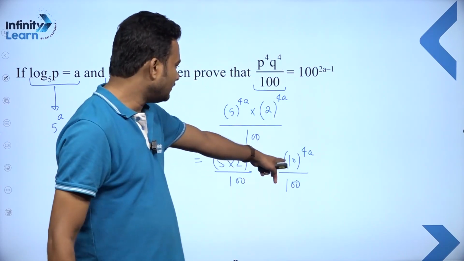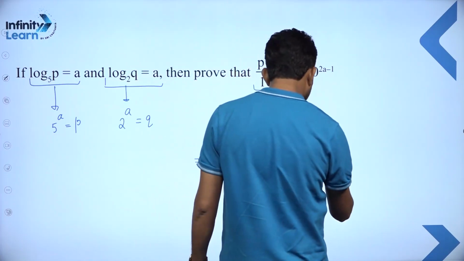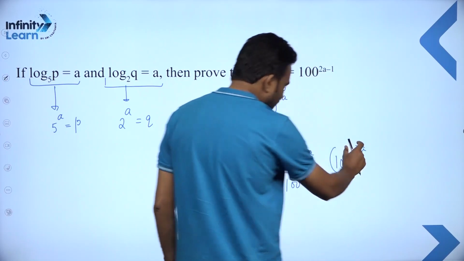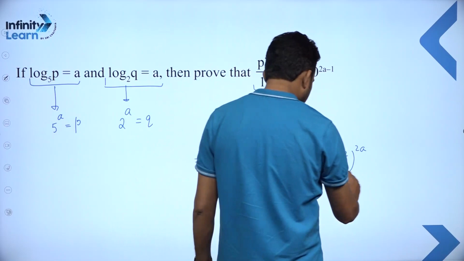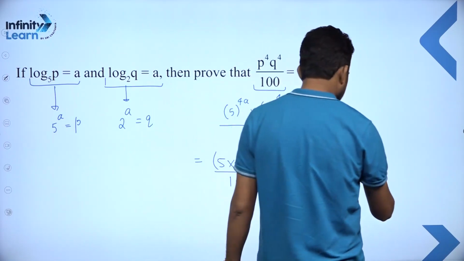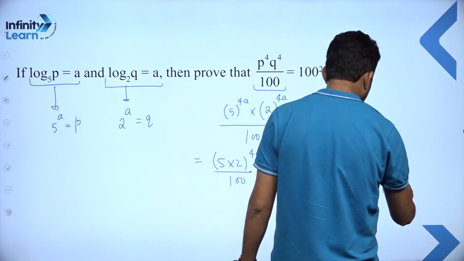I will write it in the form of 100. Can I write this 10 power 4a as 10 power 2 into 2a? Exponent of exponent, if we multiply, we will get the same thing, which is 4a. Divided by 100. And what is 10 square? 10 square is 100. So 100 power 2a divided by 100 power 1.